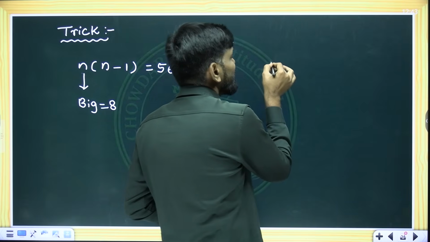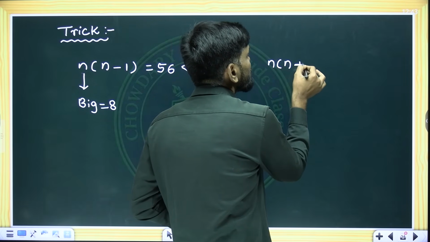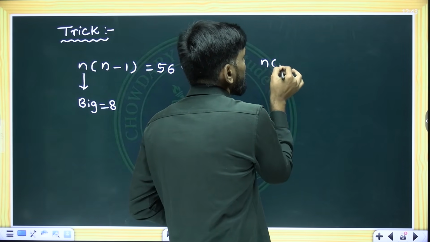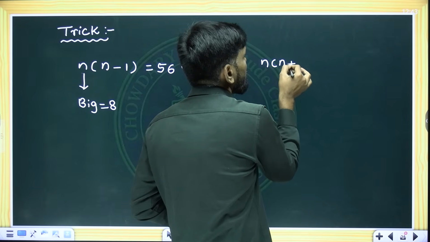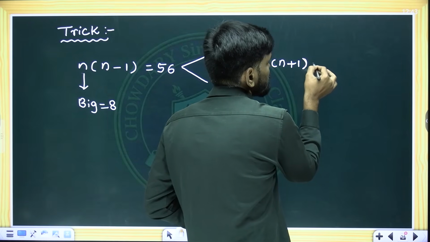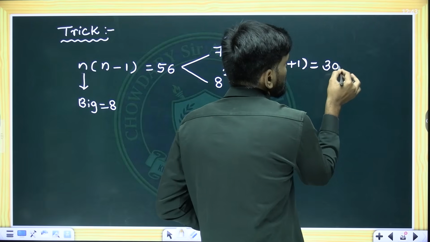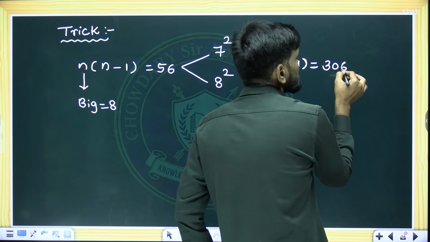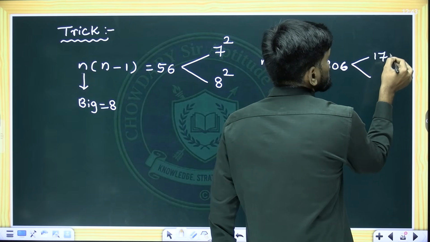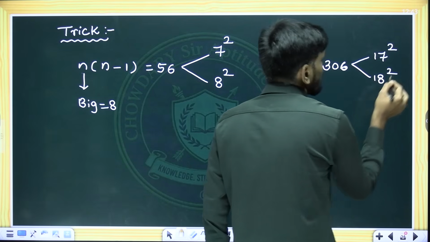Sometimes you may get it like this: n into n plus 1. Let us say n into n plus 1 is given as 306. This 306 is lying between which two squares? 17 square 289, 18 square 324.